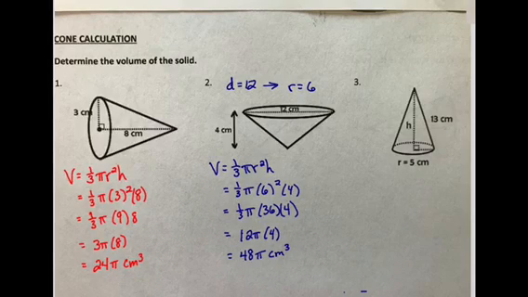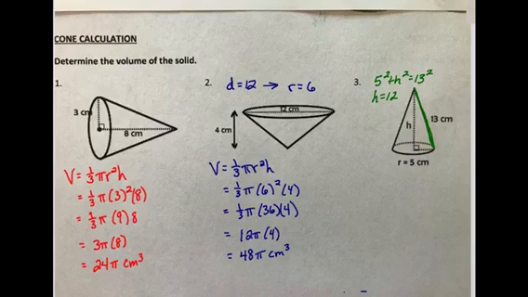And then for our last example, example 3, they told us our radius is 5. And this time they told us that the slant height here is 13. So because the slant height is 13, in order to find the height, I could use the Pythagorean theorem. 5 squared plus h squared equals 13 squared. Or you could recognize this as a Pythagorean triple and know that h is 12.